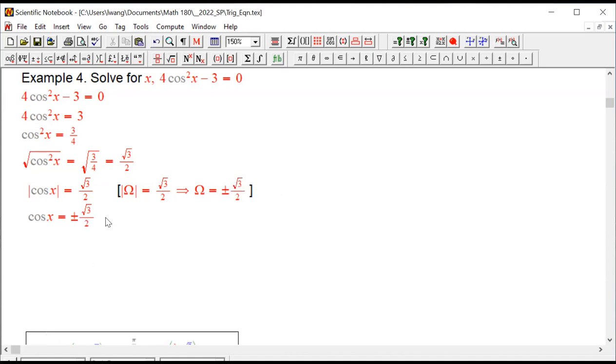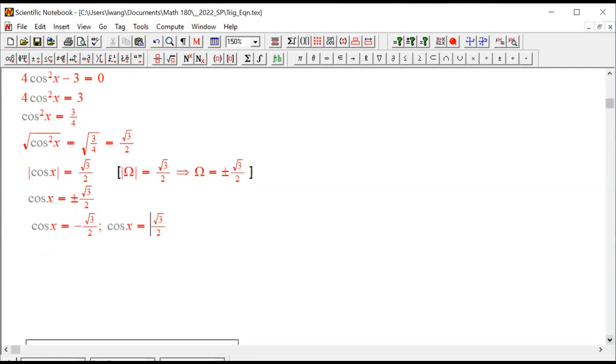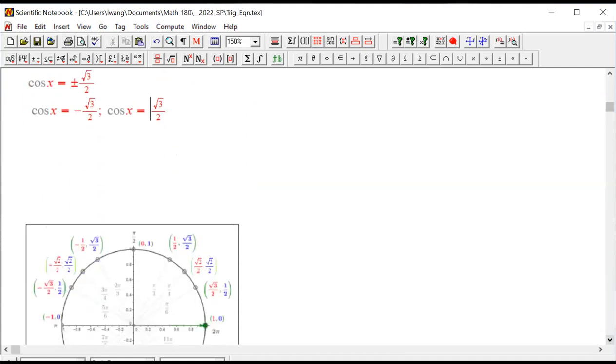So that's our model. So from one equation, we get 2 equations. One is cosine equals negative root 3 over 2, and the other one is positive. So we're going to solve 2 equations.